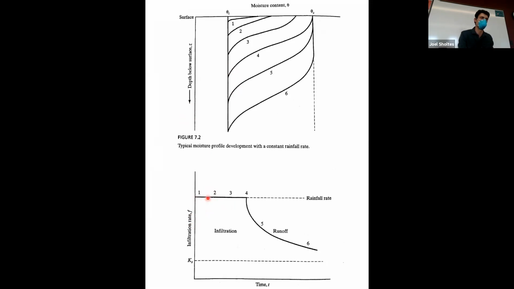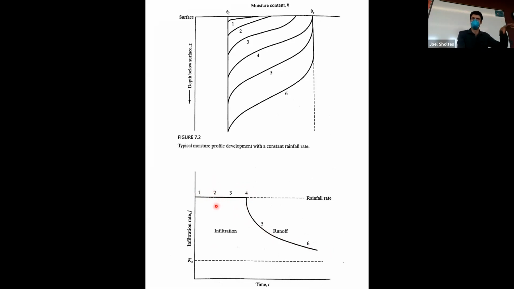So here's our infiltration rate on the y-axis and time on the x-axis. And so the initial rainfall is happening over time. We get this steady infiltration rate, but then something changes where we've hit some threshold and then infiltration rate reduces. And so this is a situation where the rainfall rate is actually less than the infiltration rate.